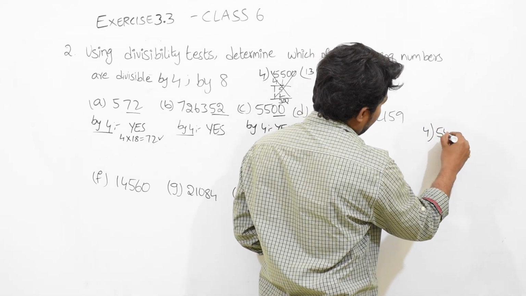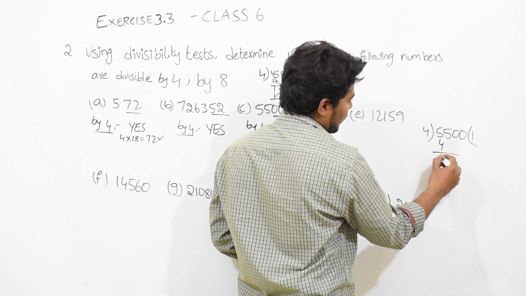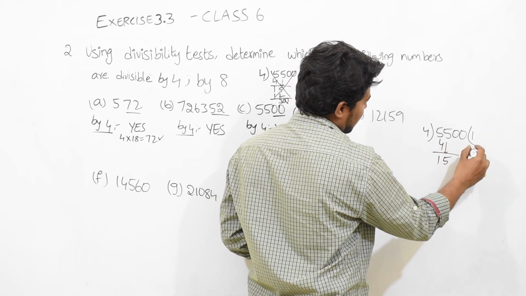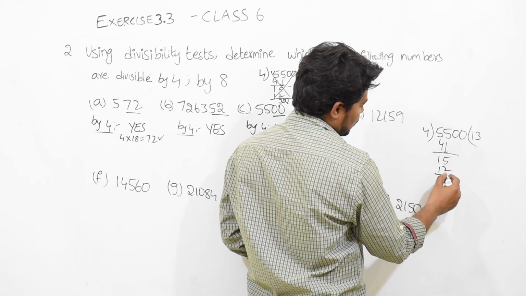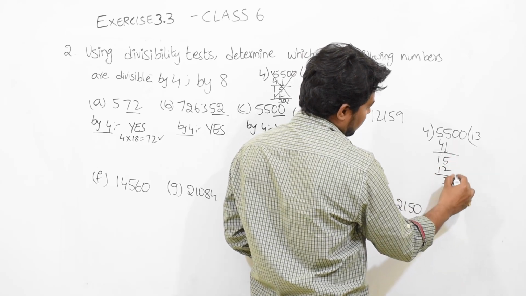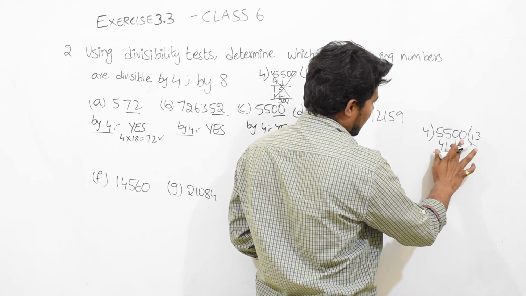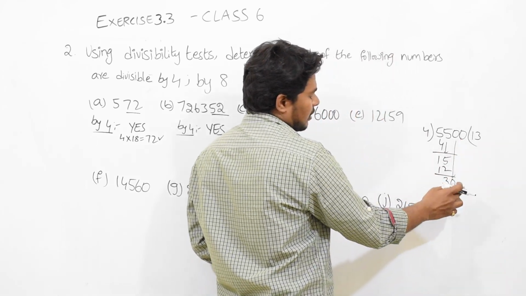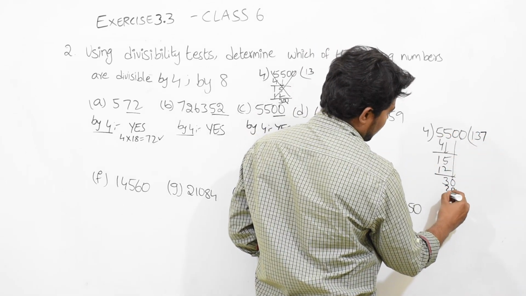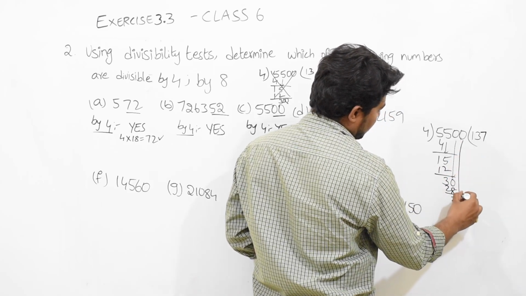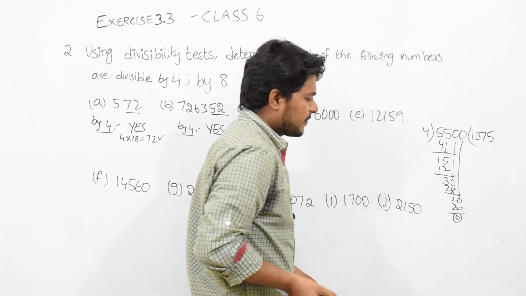45500. 4 ones are 4, 5 minus 4 is 1, and bring down 5 here, 4 3s are 12, so remainder will be 3, you bring down these two zeros here, so 30, 4 7s are 28, so remainder will be 2, you bring down this 0, so 4 5s are 20, so remainder is 0, right?